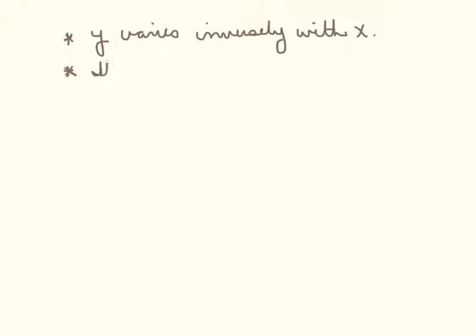And they say if or when y equals 12, x equals 4. So right away, I know everything about this problem that I need to write the equation. Y varies inversely with x tells me y equals k over x. It has this model. The ordered pair they gave me says x is 4, y is 12.